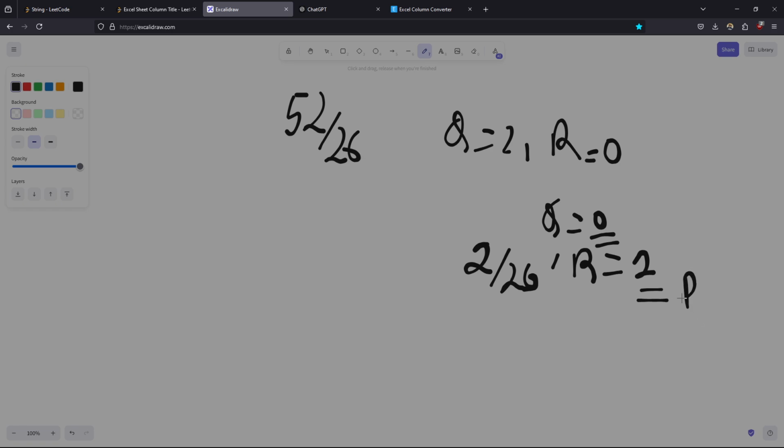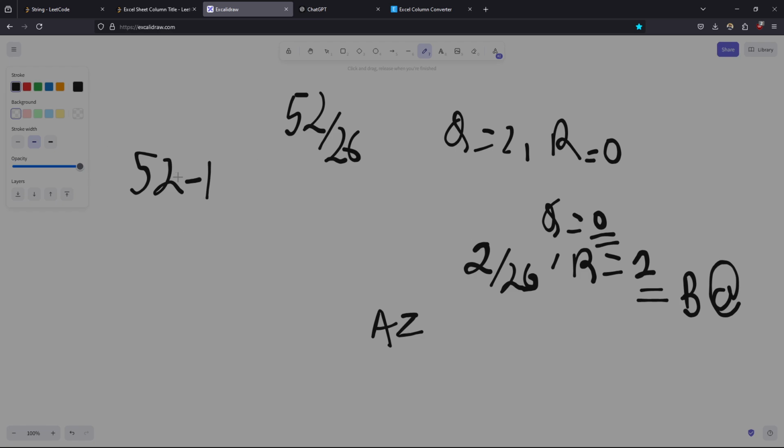this becomes B and this becomes at the rate, right? Previous one. But what we need is a Z. We are so close, but still far. What happens when we divide a number?